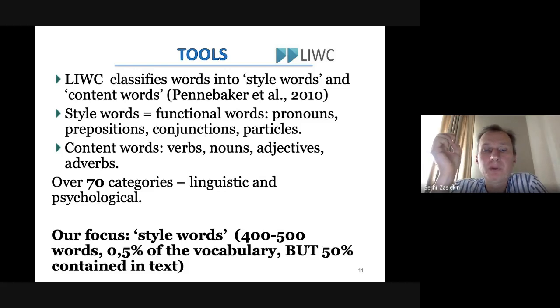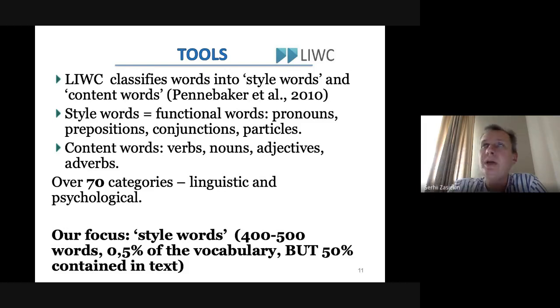LIWC contains over 70 categories. Why do I call this program psycholinguistic? Because it contains linguistic and psychological categories. Among the linguistic categories, you can see the style words and content words, that is, the program counts style words and content words.